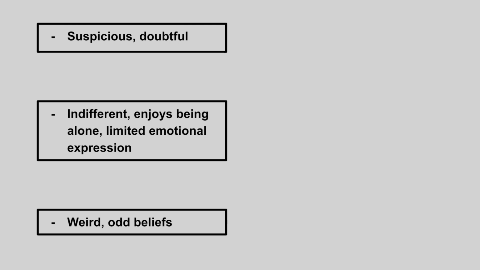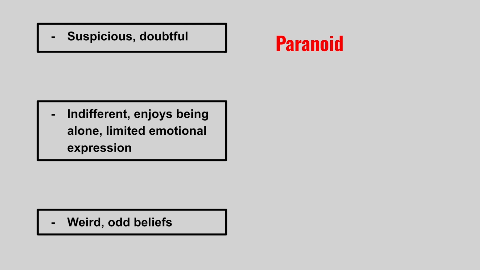Now we'll go ahead and talk about the personality disorders. So the first one is going to be a patient who's very suspicious and doubtful. This is paranoid personality disorder.